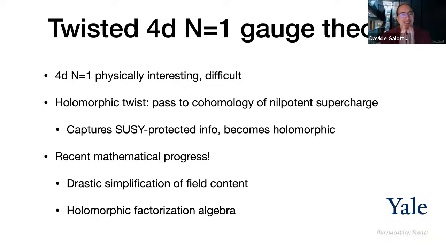So this is a situation where we have less supersymmetry than before. These are only four supercharges in 4 dimensions. And that makes the theories physically more interesting, but more challenging to study, because there is less symmetry, naively at least. These are theories that can show phenomena such as confinement or chiral symmetry breaking.